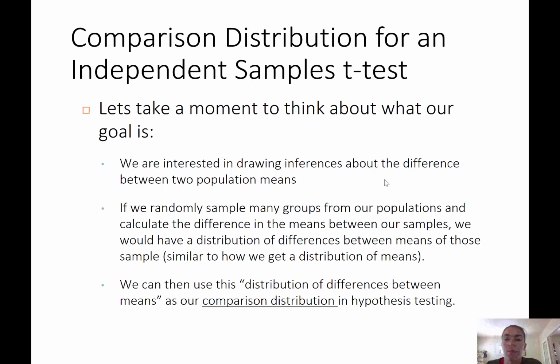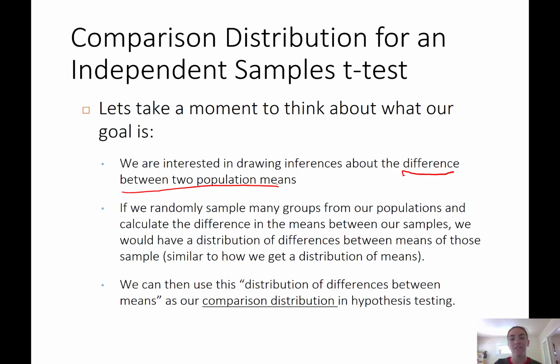Let's take a moment to stop and think about what our goal is with this test. We are interested in drawing inferences about the difference between two different population means. So I want to just reiterate that the point here that we're interested in is a difference between means. So what would our comparison distribution be if we are interested in the difference between means? It seems like when we were interested in evaluating scores, then we used a distribution of scores as the comparison distribution.